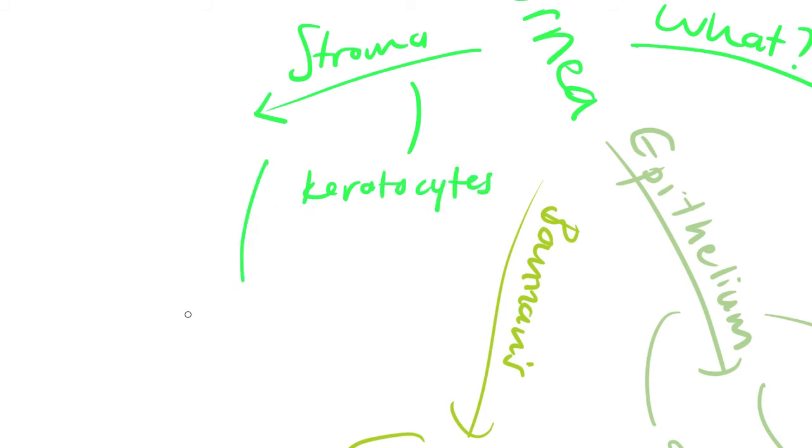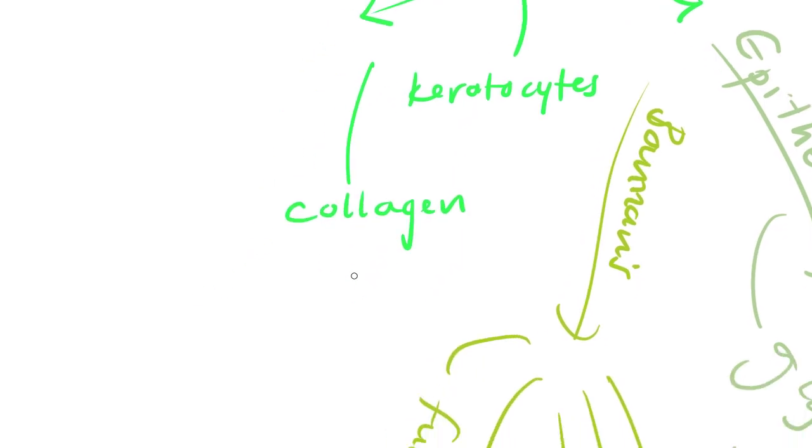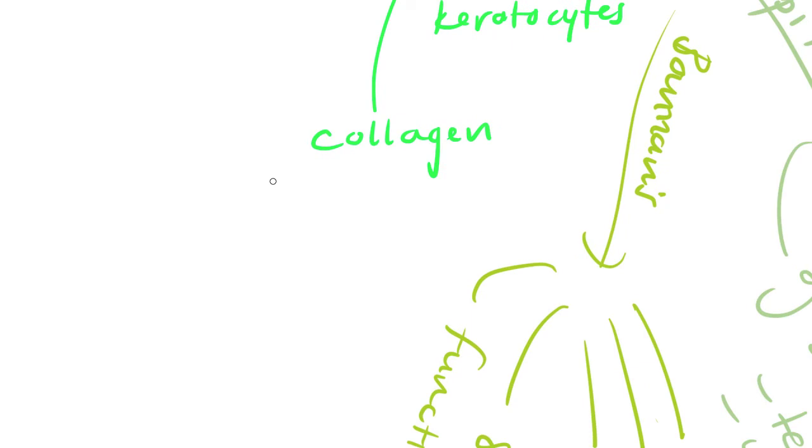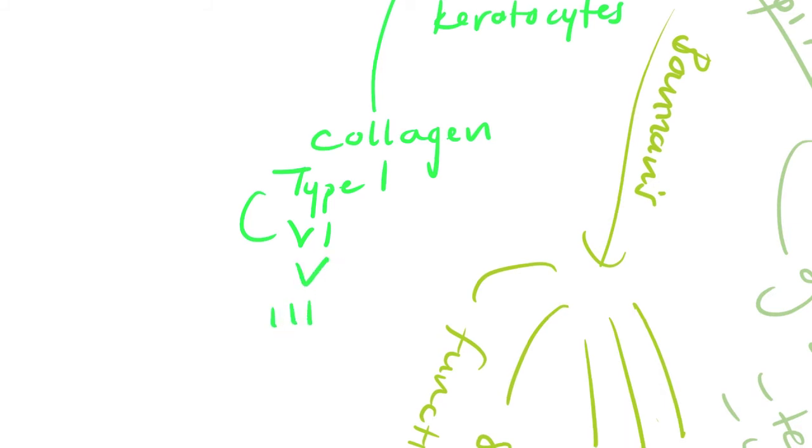And why that's important is because they make the major constituent of the stroma, which is collagen. Most stromal collagen is type 1, right? But there are other types, namely type 6, type 5, and type 3. But we only really use type 3 in wound healing.